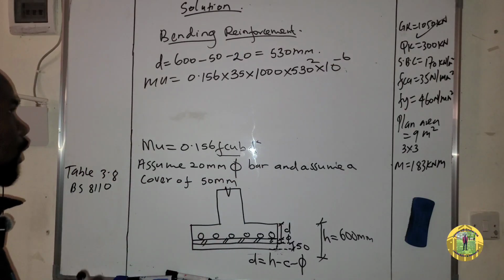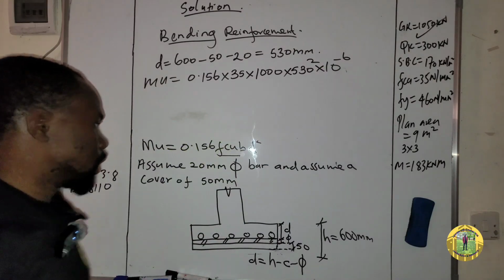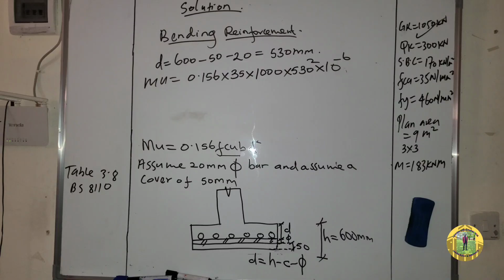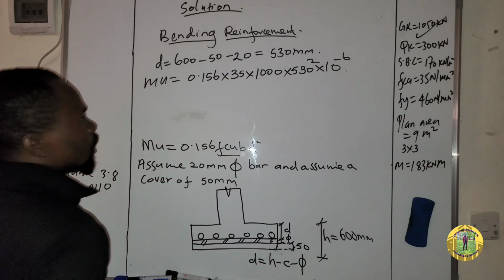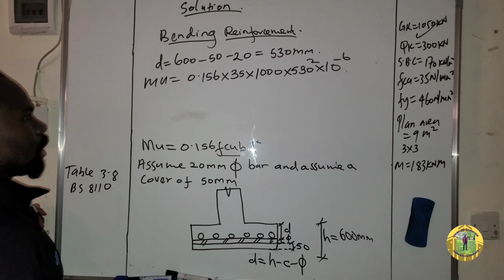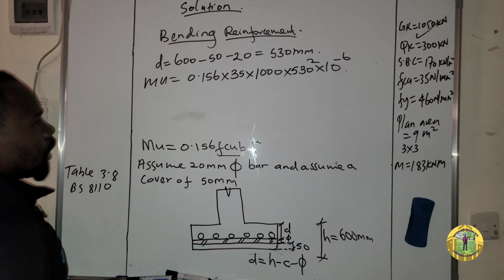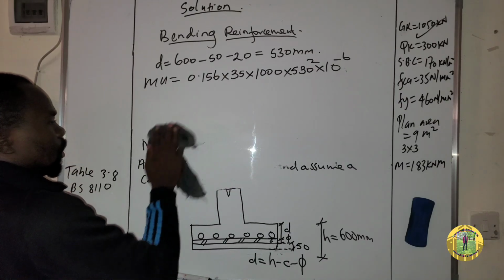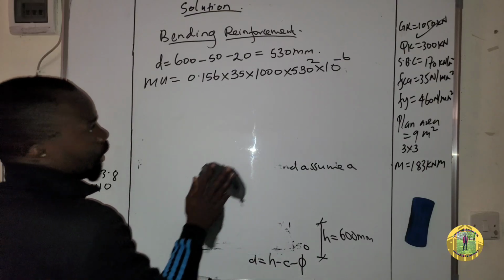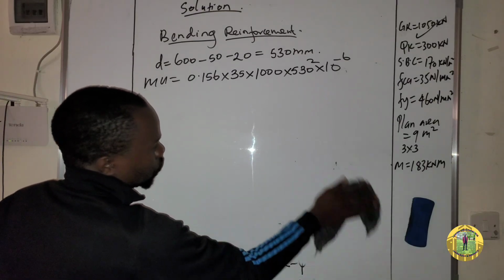Why am I multiplying by 10 raised to power negative 6? It is because if I don't multiply by 10 raised to power negative 6, I will get my answer in Newton millimeter, but I want my answer in kilonewton meter. So you multiply by 10 raised to power negative 6.